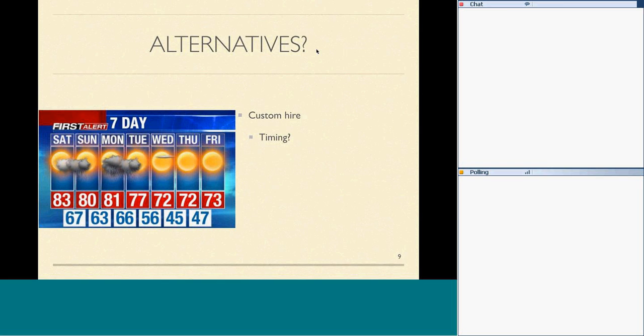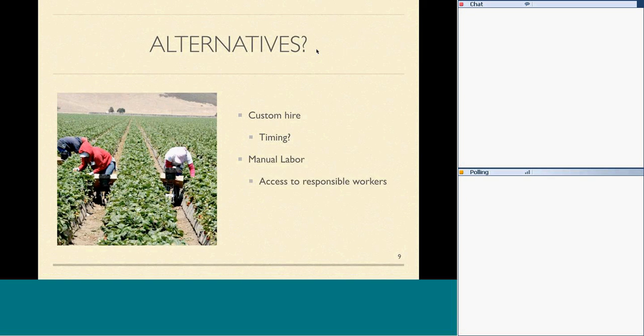One problem with custom hire is often timing. We'll talk about this a little bit later, but oftentimes small farms, small plots might have additional fees, and bluntly, they might not rank as high on the list of a custom operator to be as punctual when you need them. So it's something to consider with small farms when thinking about custom hire.